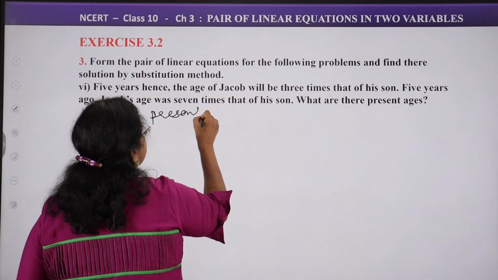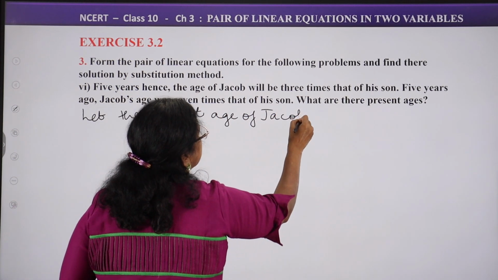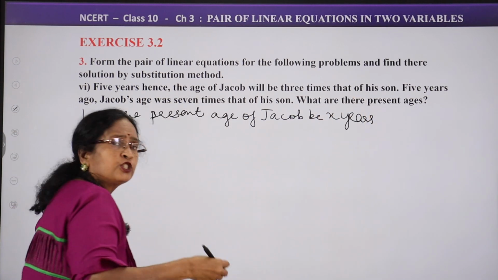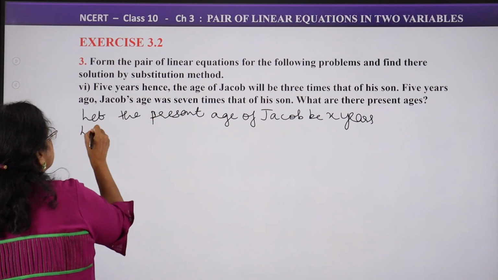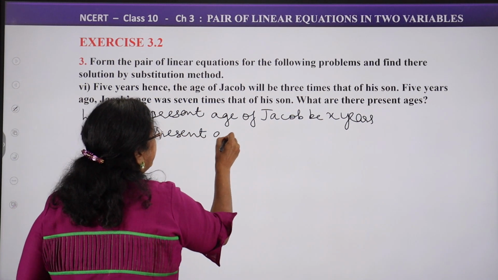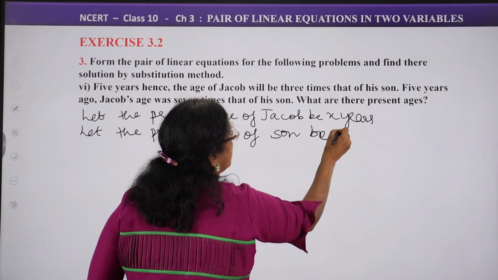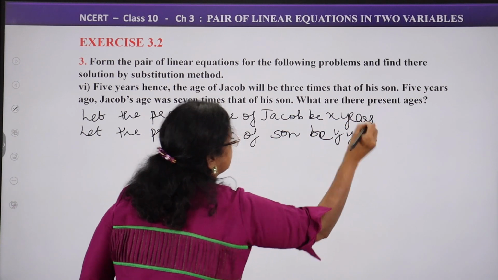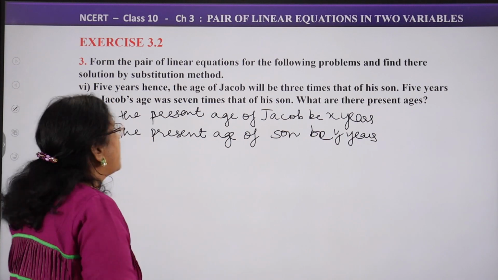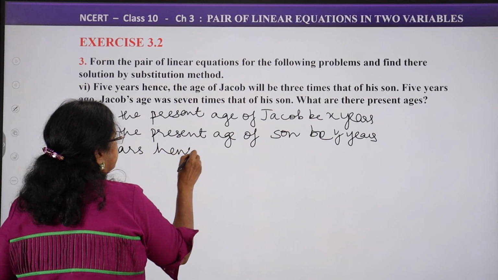Let the present age of Jacob be x years. Let the present age of son be y years.